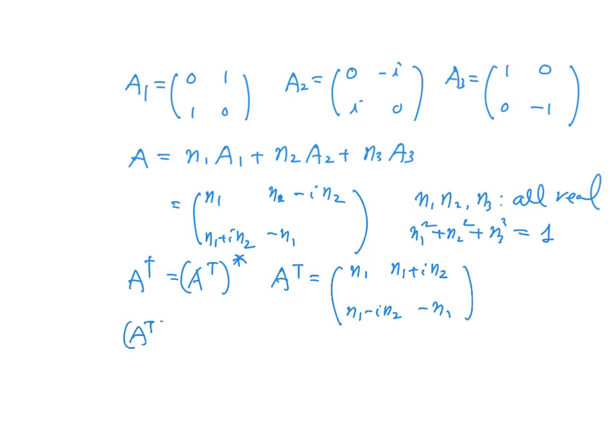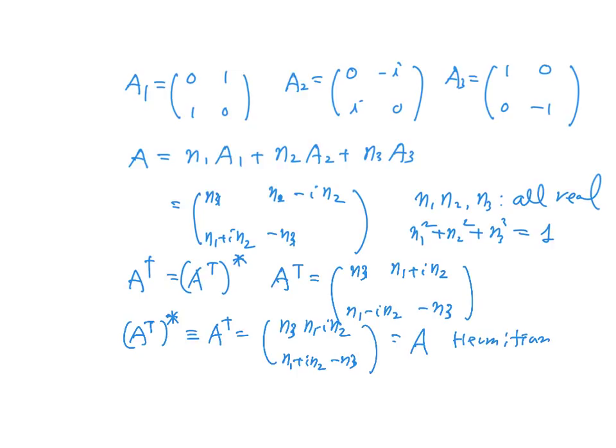A transpose complex conjugate, which is A dagger, is n3, n1 minus i n2, n1 plus i n2, minus n3. Because n1, n2, n3 are real, when you take the complex conjugate, you just change the sign of i into minus i. So it's the same as A, so it's Hermitian.